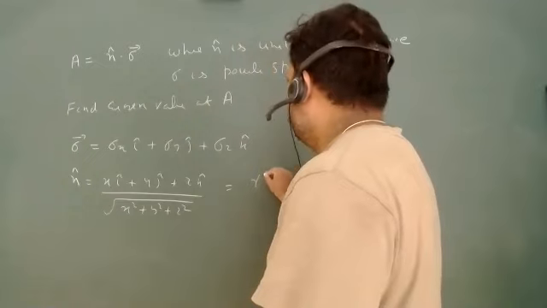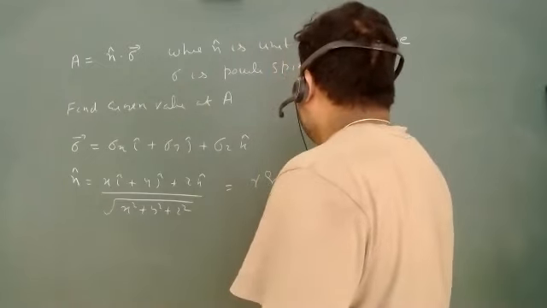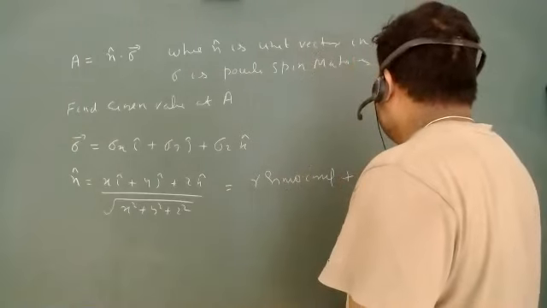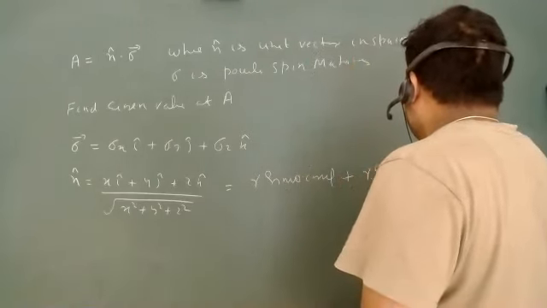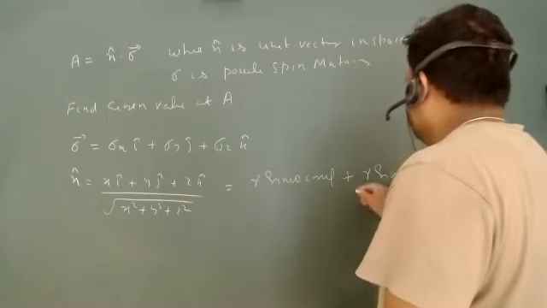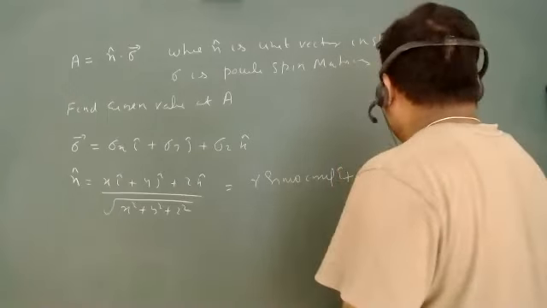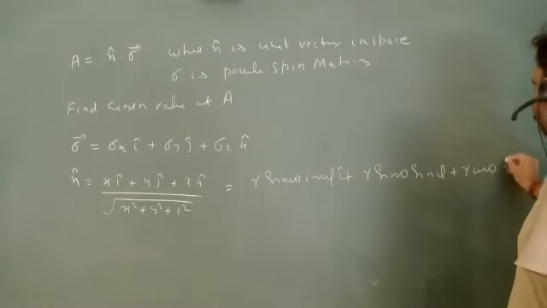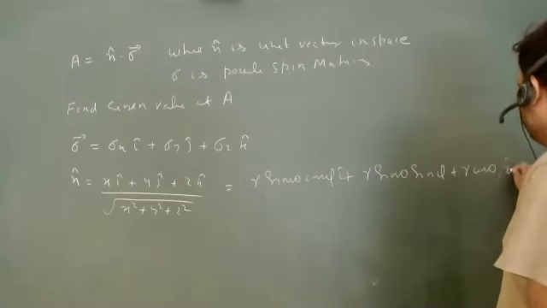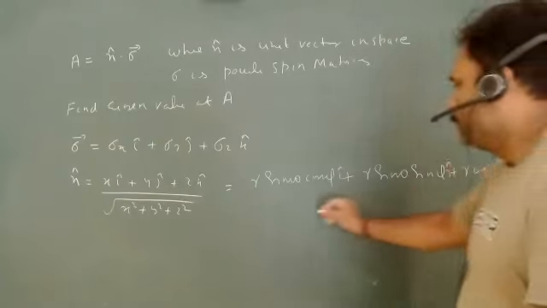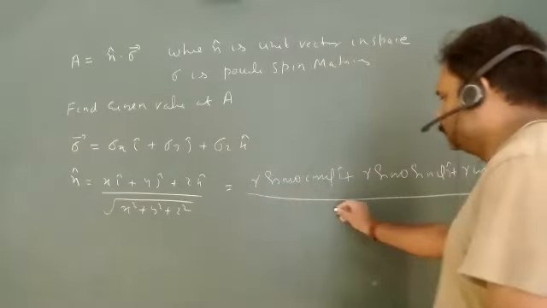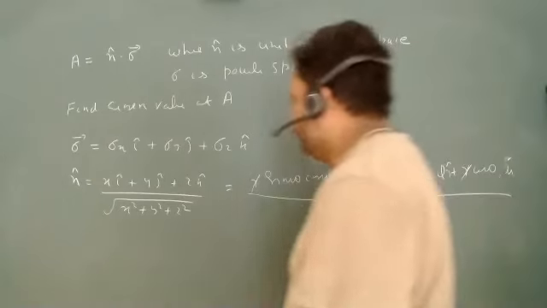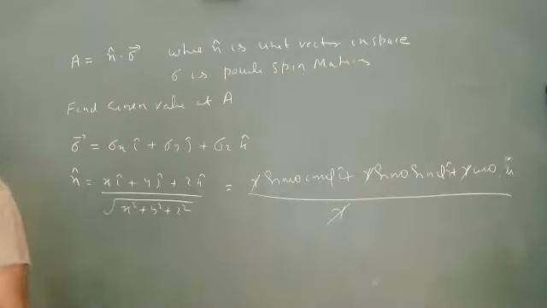That is r sine theta cos phi i cap plus r sine theta sine phi j cap plus r cos theta k cap, and x square plus y square plus z square is r square. So one variable will be gone if you write it in spherical polar coordinates.